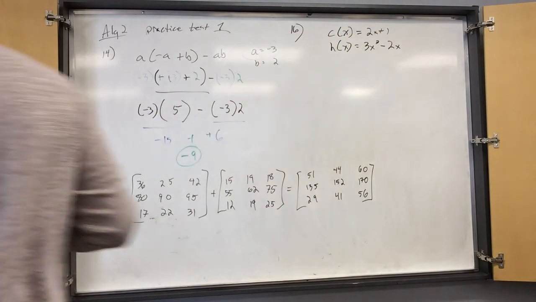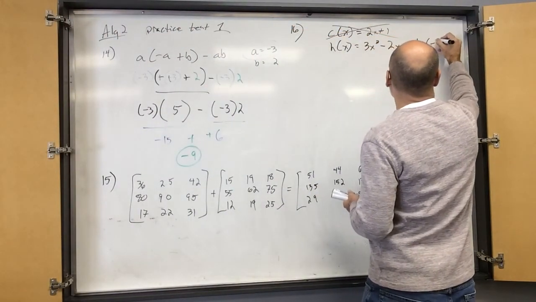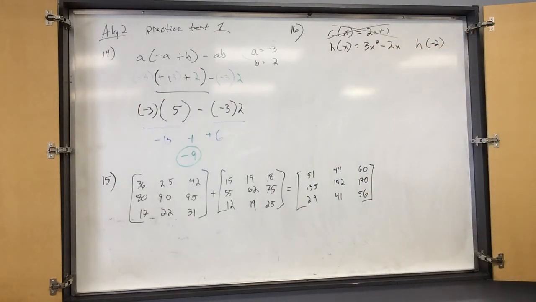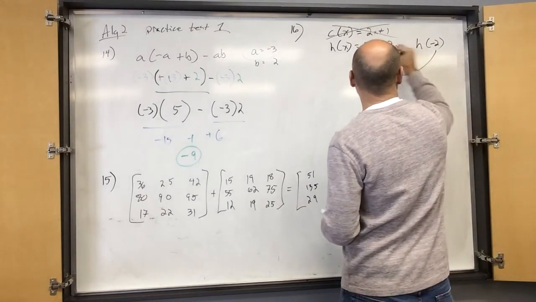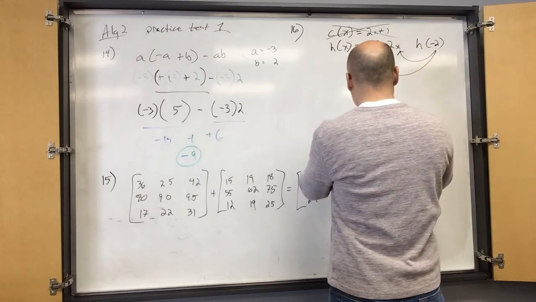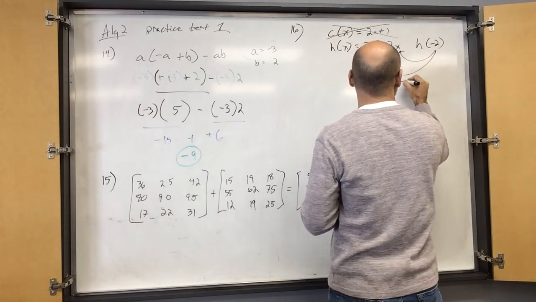Find h of negative 2. We don't need c, right? It just gives us two functions and says put it into that one, not the other one. So all we're doing is plugging in this negative 2 there and there. It's just like those other problems. We're just plugging and chugging. We're going to plug in parentheses negative 2 for x.